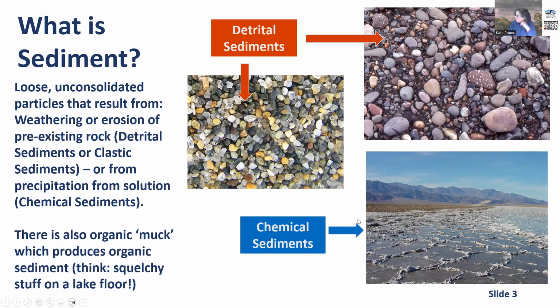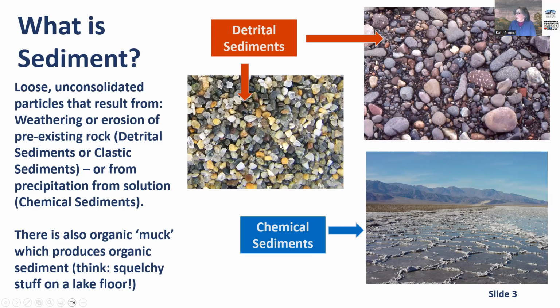So over here on the right, we've got an example of a salt flat that produces chemical sediments. When that briny water dries up, there will be halite. Remember the mineral halite? That will crystallize. And there are a bunch of other chemical sediments that form.